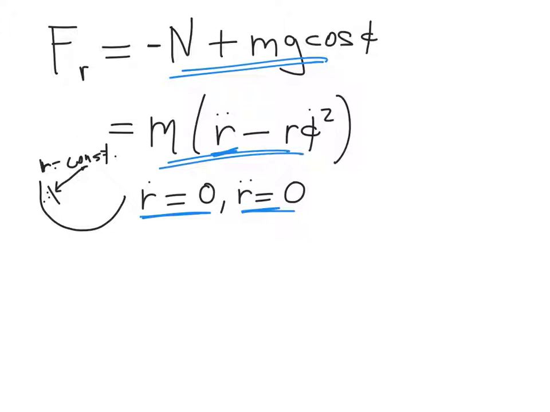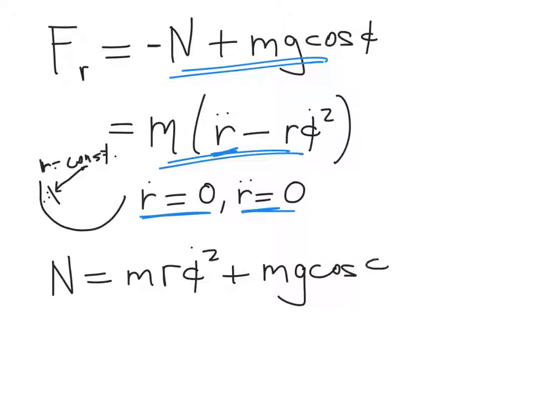So what we'll find is we get normal force, the magnitude, is equal to m r phi dot squared plus mg cosine phi. In other words, the normal force is the sum of the radial component of the gravitational force and this term, which represents the centrifugal force.